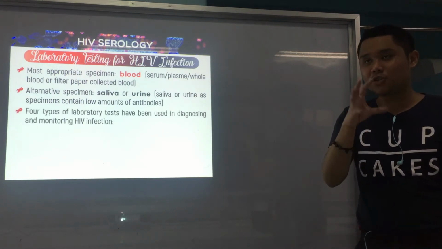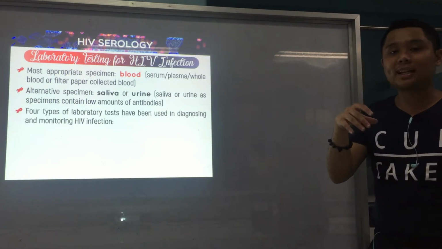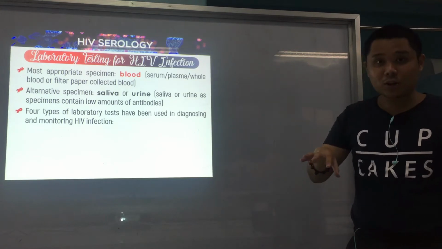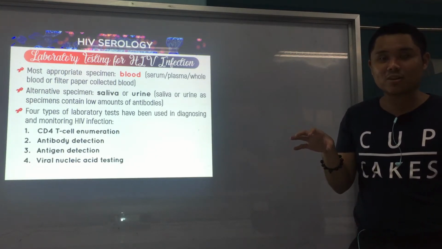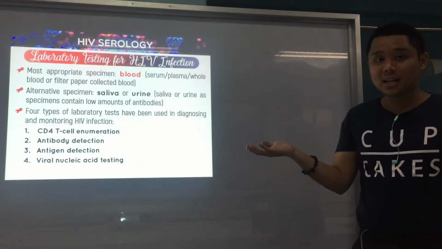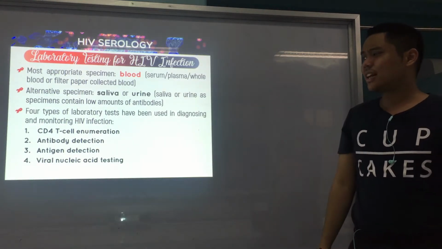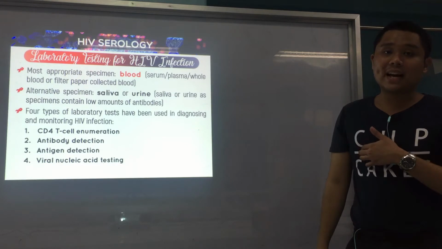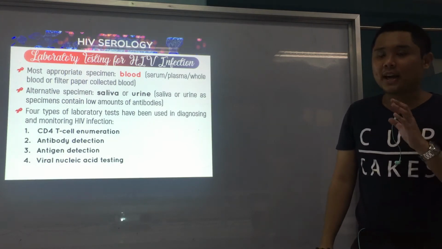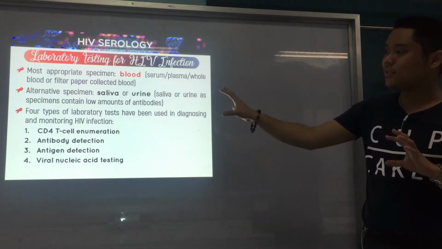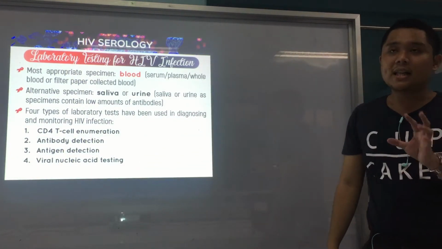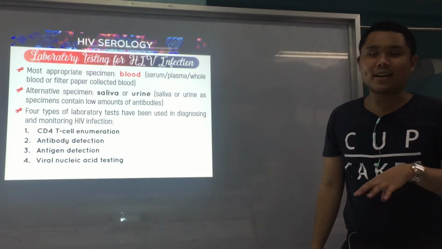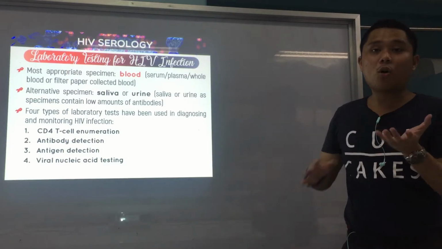Now, there are generally four major types of laboratory tests in diagnosing and monitoring HIV infection. First is CD4 T-cell enumeration. Next, you have antibody detection, antigen detection, and lastly, viral nucleic acid testing. CD4 T-cell and viral NAT, or viral load, are usually used for monitoring the course of infection.